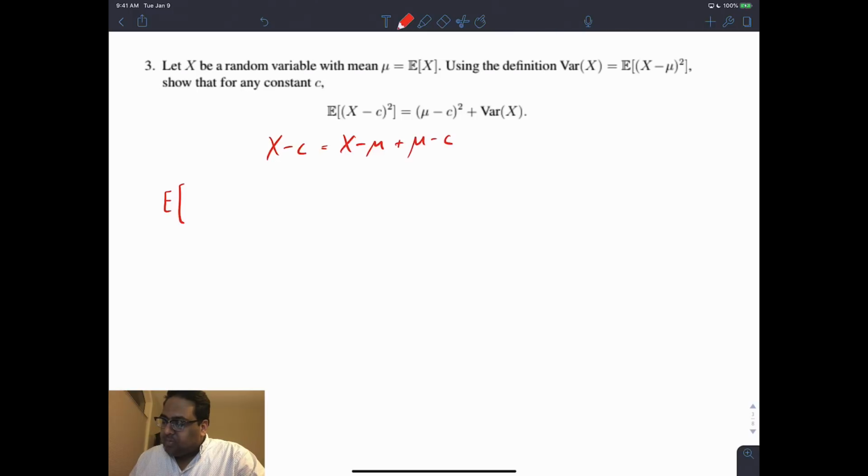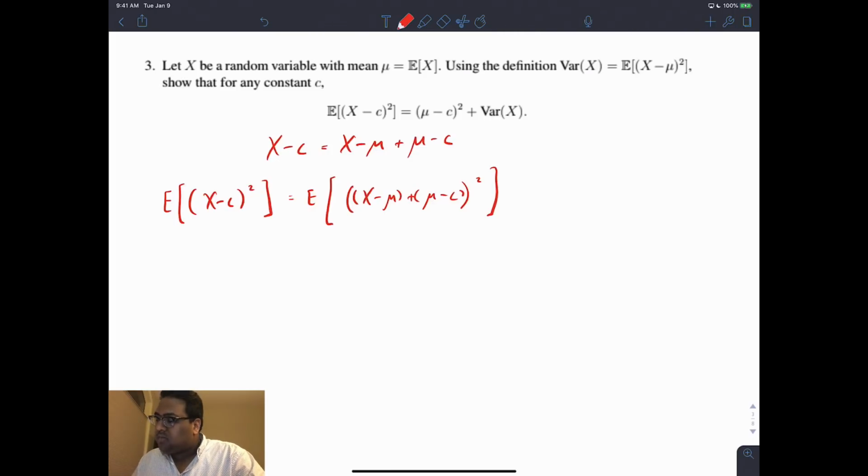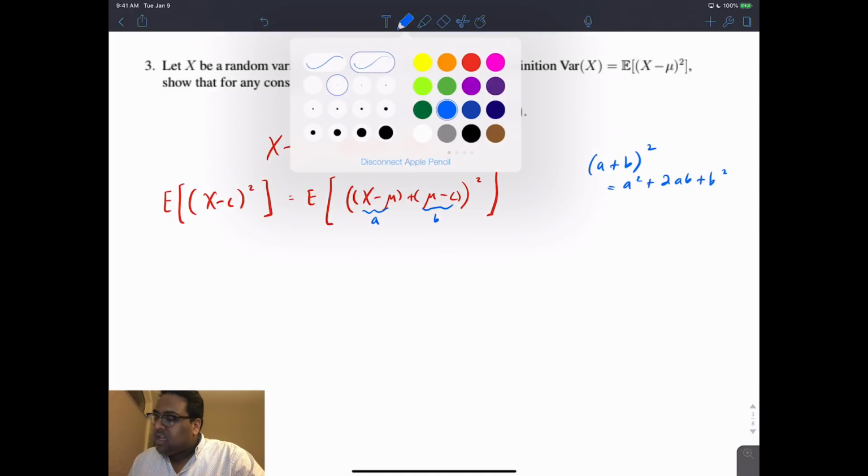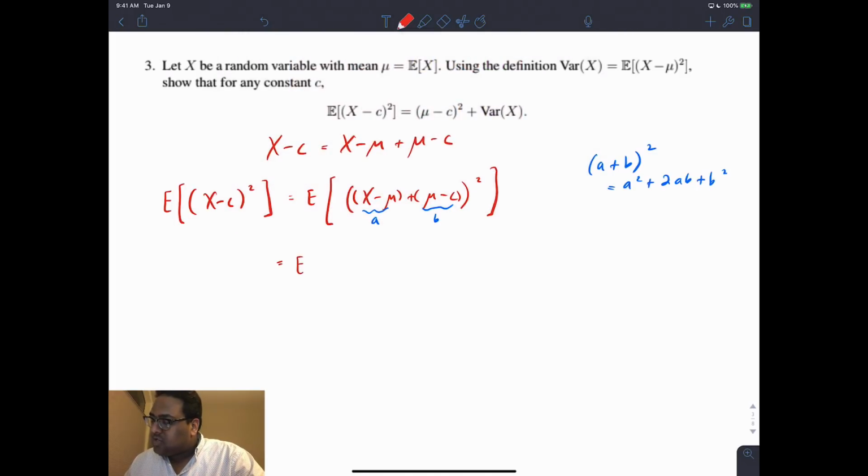You have the expectation of (X minus c) squared, which I can say is the expectation of (X minus mu plus mu minus c) squared, and since it's addition, I can add these parentheses wherever I want. Now you can think of X minus mu as being a and mu minus c as being b. So inside the parentheses, we have (a plus b) squared, which we know expands to a squared plus 2ab plus b squared. And so we can make that simplification.